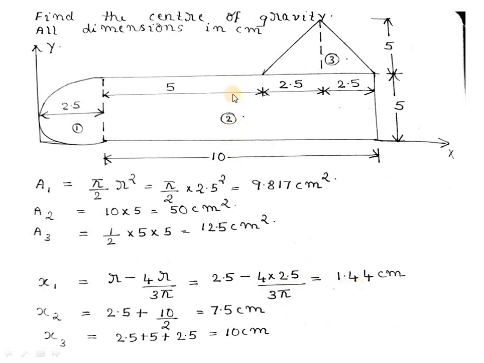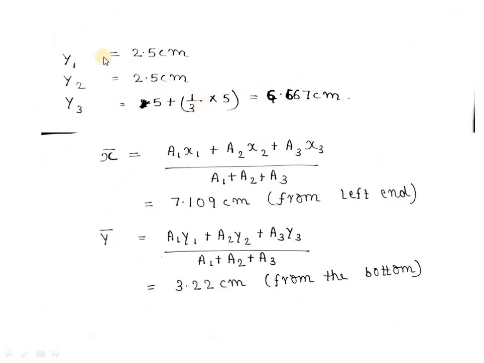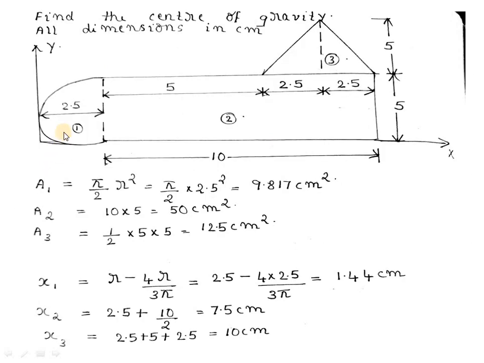x2 will be at the center of this rectangular portion, that is 5 centimeters from this end. So the total x2 distance will be 2.5 plus 5, that is 7.5, and x3 will be at the center of this isosceles triangle, that is 2.5 plus 5 plus 2.5. Clear? Similarly, we will find out the y1, y2 and y3 distances. y1 will be at the center of this semicircular portion.